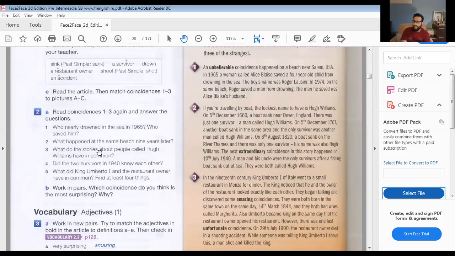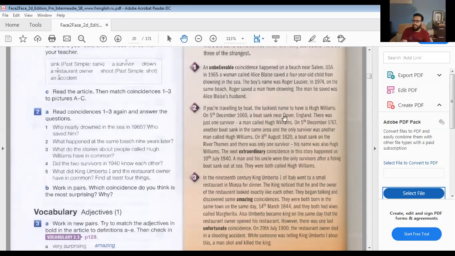What do the stories about people called Hugh Williams have in common? So all of the Hugh Williams in these, or the Hugh Williamses, if we want to put it in plural, all of them survived boat sinking accidents.